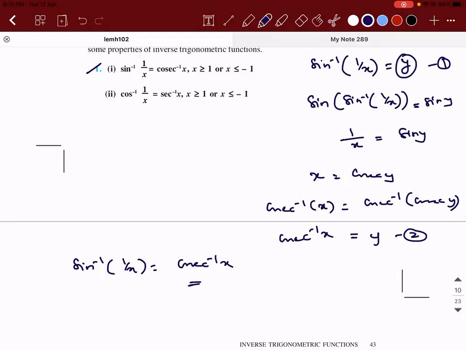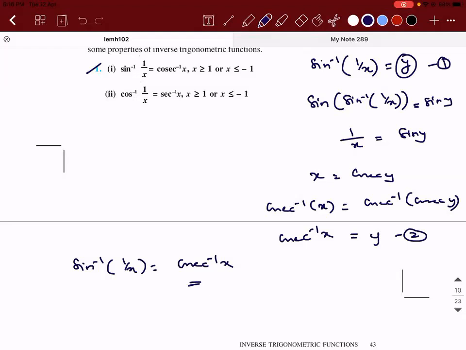Second property, cos inverse of 1 by x. Got it? That's the question. Cos inverse 1 by x is equal to y is the equation. You got it?